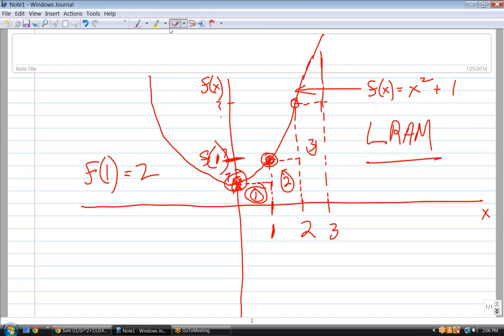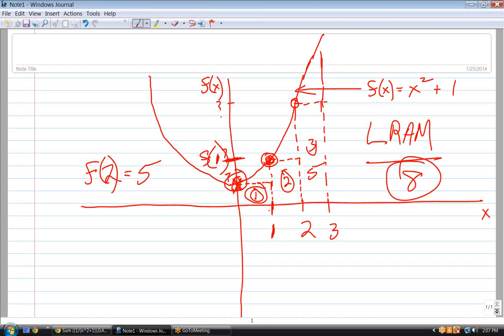Rectangle number 3, what is its height in terms of f? That would be f of 2, correct? And that is 5. Its width is 1, so this area is 5. So the area under that curve by left RAM approximation is 8.